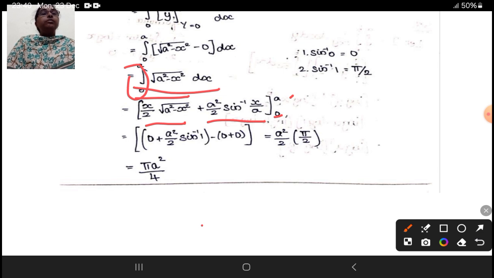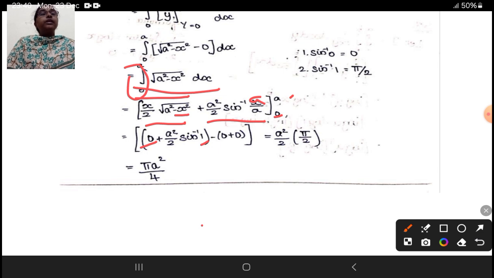First apply the limit a. When applying the limit a, a square minus a square becomes 0, so the first term becomes 0. In the second term, instead of x we replace by a; a by a cancels and we get 1, so a square by 2 sine inverse of 1.